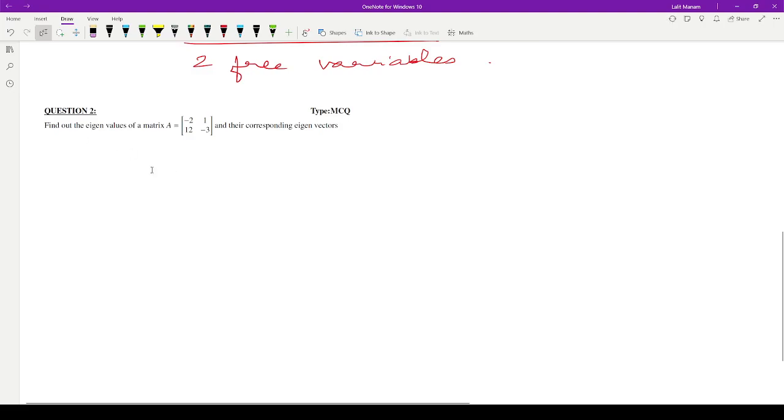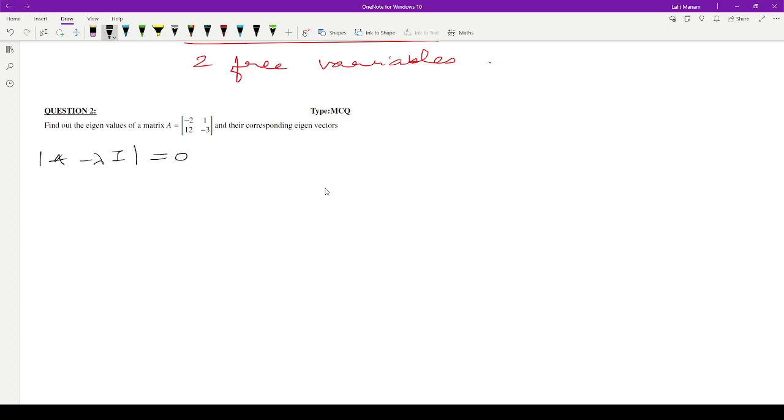Our next question is to find the eigenvalues of matrix A and the corresponding eigenvectors. For finding the eigenvalues, we need to find the characteristic polynomial, which is given by the determinant of A minus lambda I equals 0.